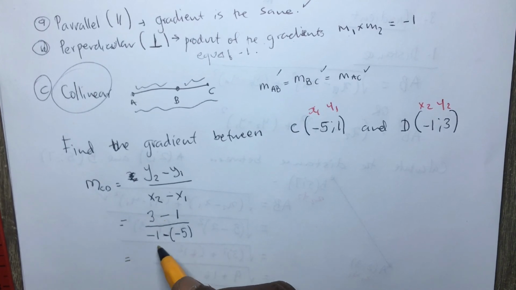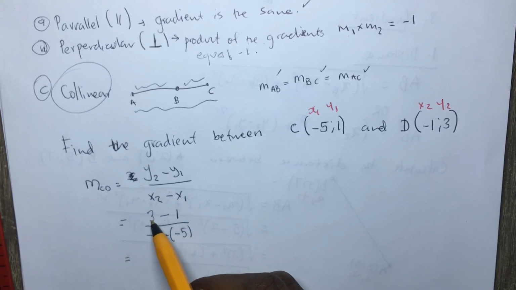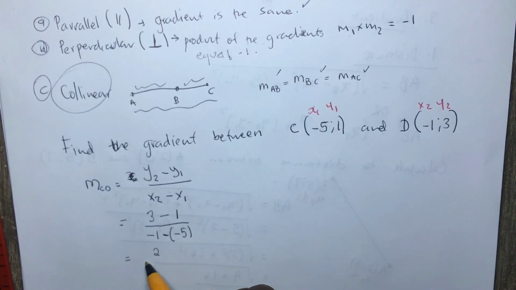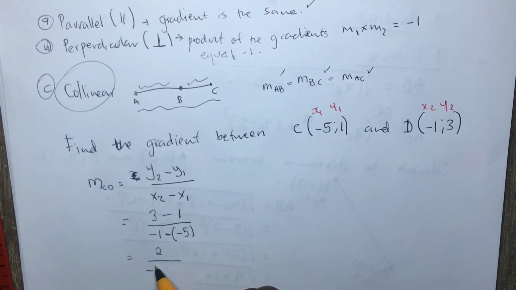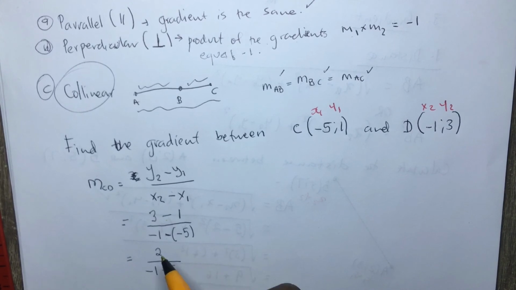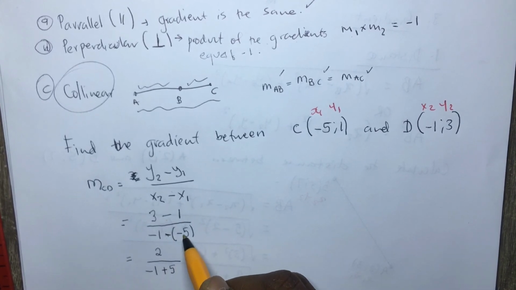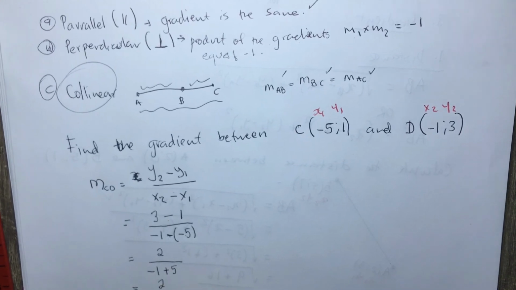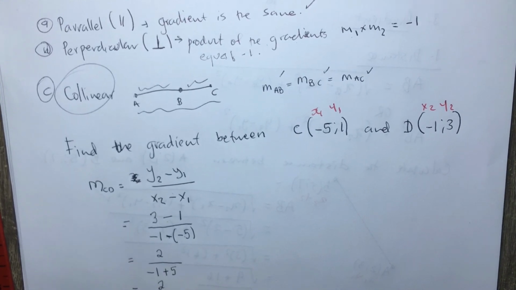Then we know according to our integers. I can solve the one on top. 3 minus 1 is 2. Underneath, -1 plus 5. A negative and a negative will give you a positive. So press this on a calculator if you don't know, but you're basically subtracting 1 from 5, so the answer will be 4.